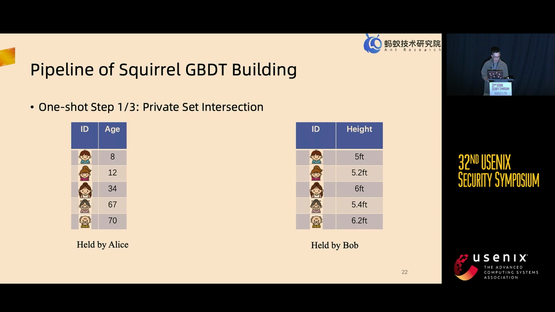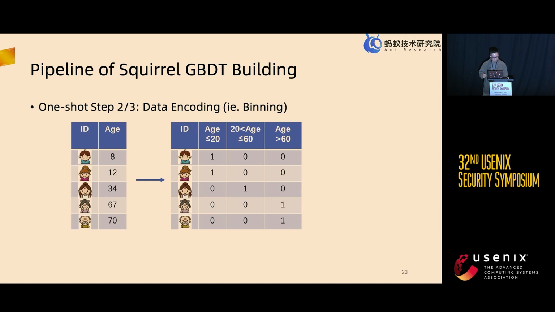And there are three one-time steps in our approach. The first one is to run a private set intersection because we are doing the vertical setting. And then we do the data encoding, like bucketing, locally, because we cannot actually iterate over all the possible attributes and all the possible splits.